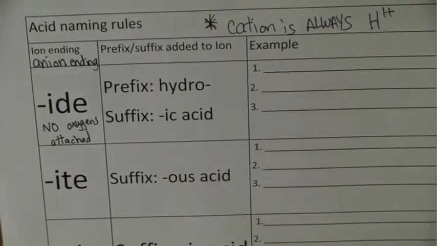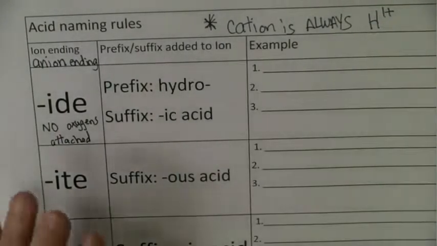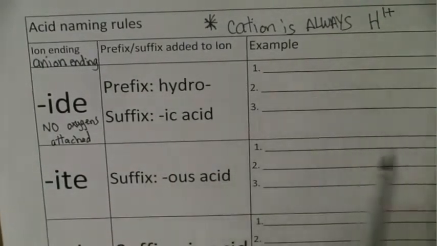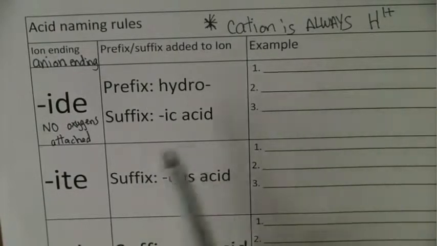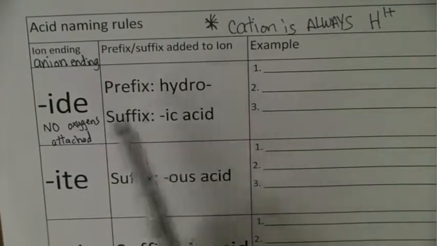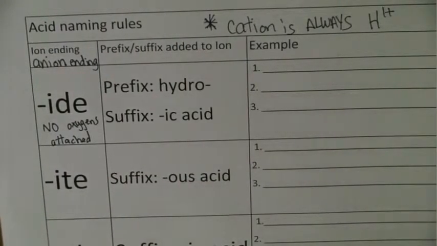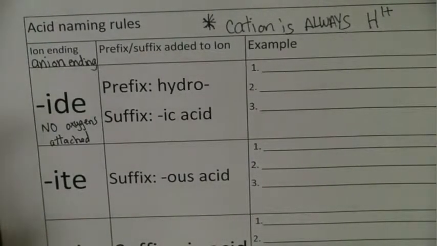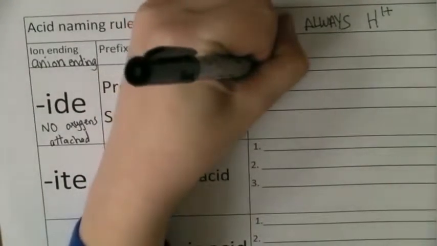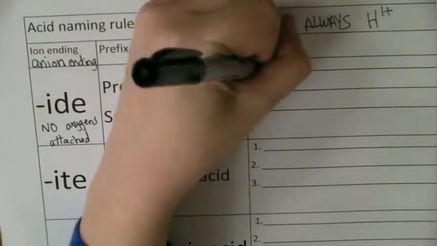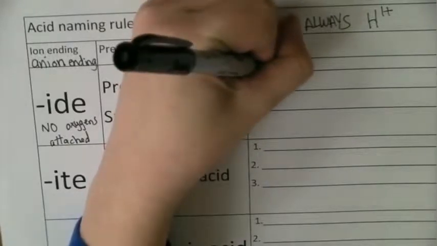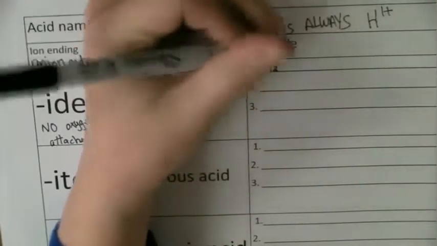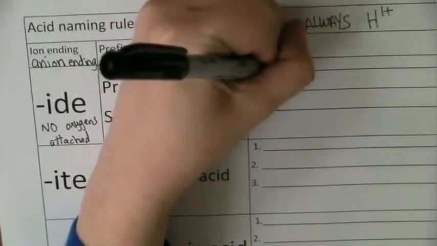Okay, "ide," no oxygens attached. Let's work through a couple of examples, and then we'll incorporate what all of this means as we do the examples. So let's say you are given H2S.